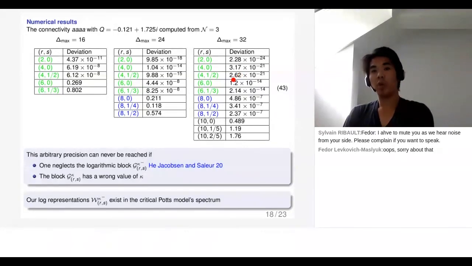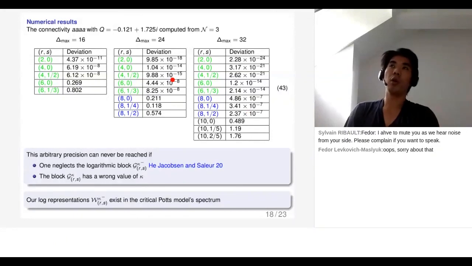And in general, one can even access these structure constants at arbitrary precision by just adding more and more fields. In other words, the accuracy of our result here only depends on numerical artifacts. And how to see that our logarithmic blocks really matter for solving this crossing equation? For instance, there is a recent work by Hongler, Jacobsen, and Saleur. These three people had already solved the crossing equation for the connectivity before we did, and they obtained a very interesting result.